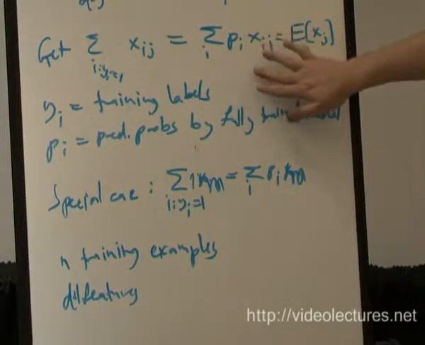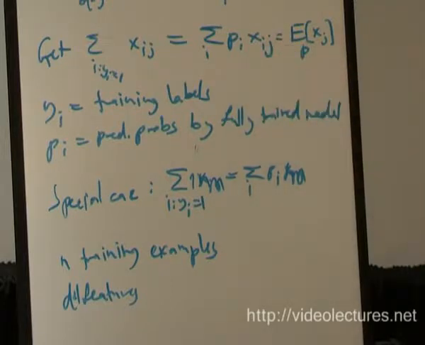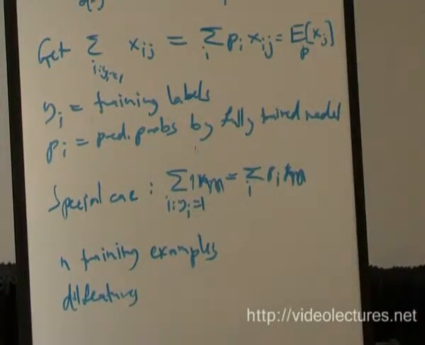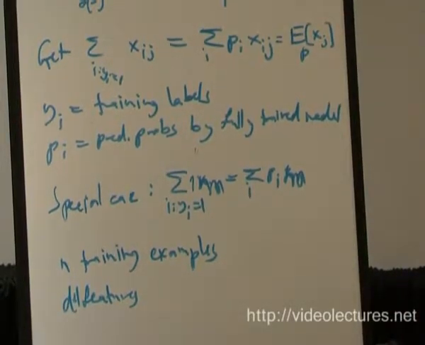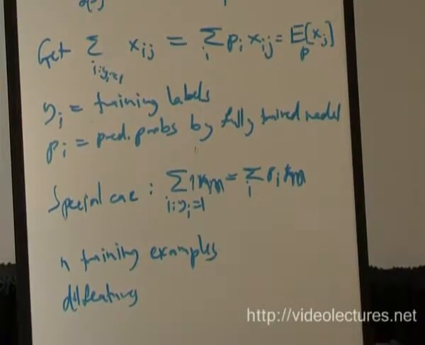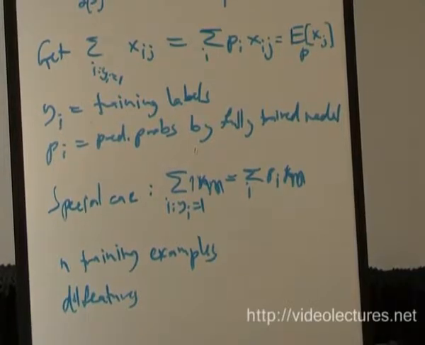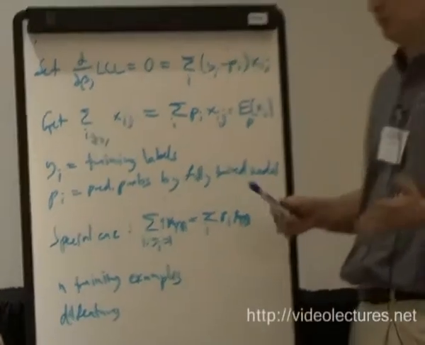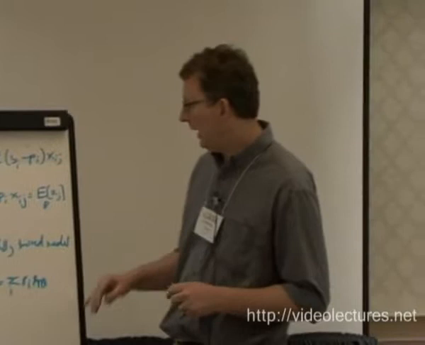We have d plus 1 of these equations, one equation for each feature. And have I said anything about the relationship between n and d? Is n bigger than d or vice versa, or we don't know? The answer is that I haven't said anything, we don't know.